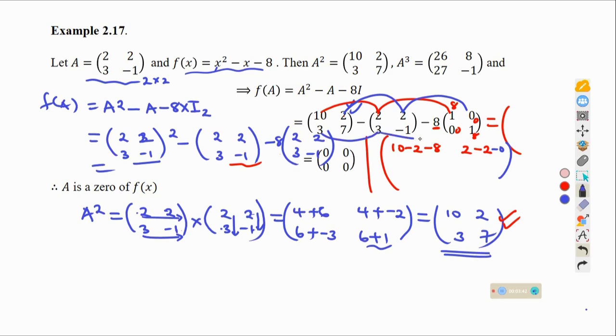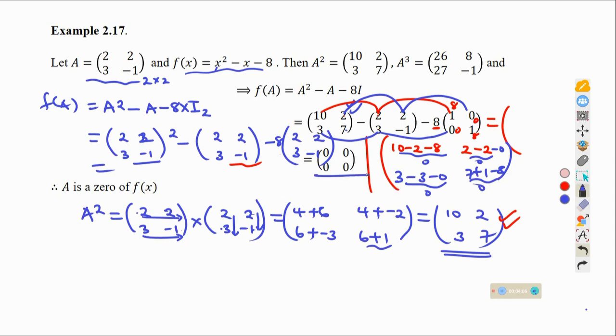So next we do the same. 3 minus 3, then minus 0. Next you have 7. This is 7 minus minus, which is +1, then minus 8. So basically looking at this, it will give us a 0. Looking at this, it will give us a 0. This will give us a 0, and this will also give us a 0.